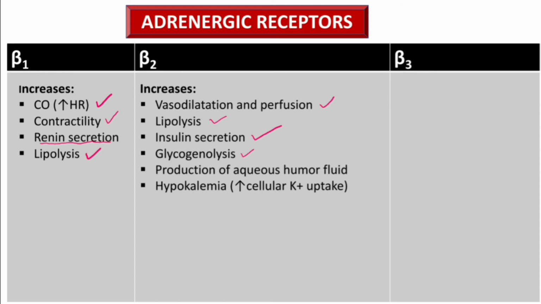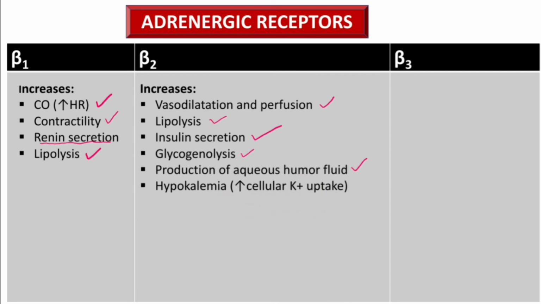And also it increases production of aqueous humor fluid, so this action increases the intraocular pressure. And also it causes hypokalemia, thus increasing the uptake of potassium. So there will be high potassium in the cells and low in blood. So this is what increases if you stimulate beta 2.